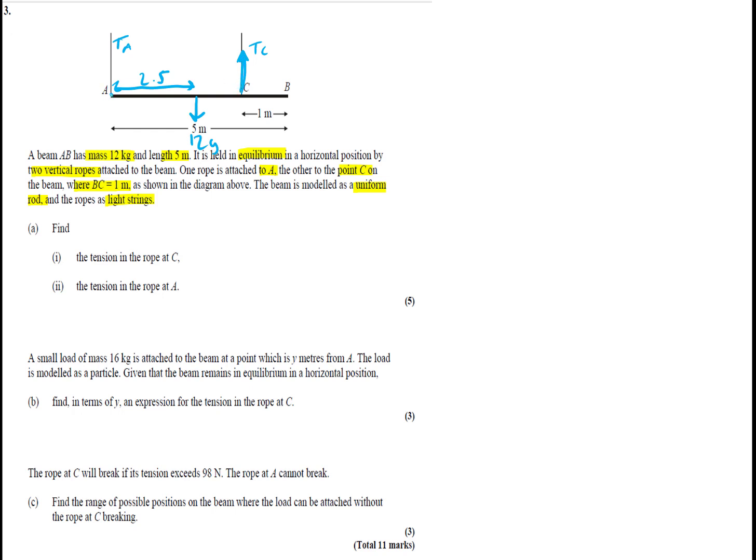So we want to take the moment about A, because that will cancel that out. So what have we got clockwise? Moments about A. We've got clockwise 2.5 times 5. Not 5, 12G.